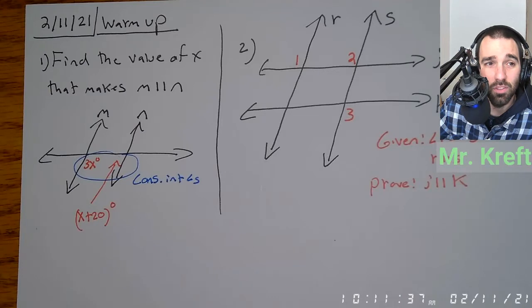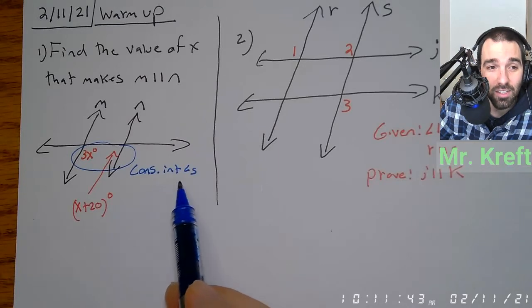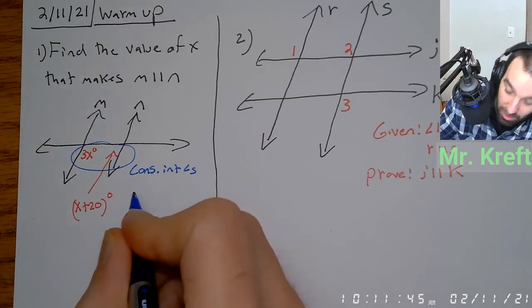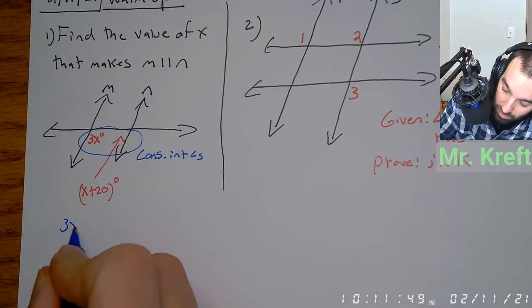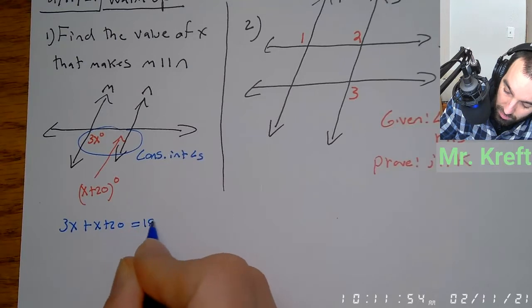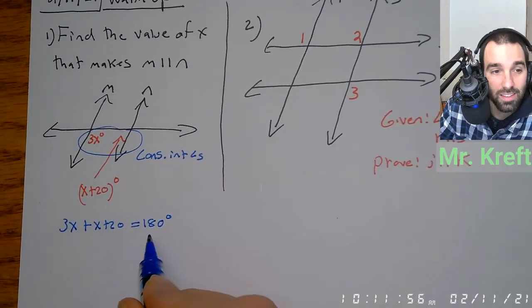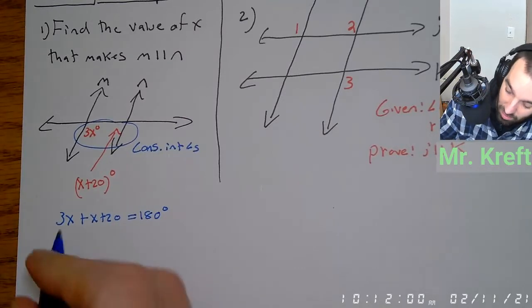With everything being online and going so quickly, I don't imagine you're going to have all of these memorized, so you're going to have to look it up. And consecutive interior angles, if they are supplementary, then they're parallel. So supplementary means 3x plus x plus 20 equals 180. If I make these add up to 180, then we're going to have parallel lines.